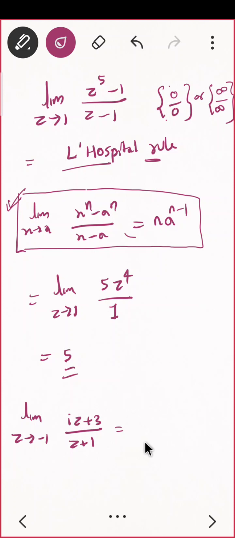You should answer this. Okay, Satish, answer limit z tending to -1, and this is your function.